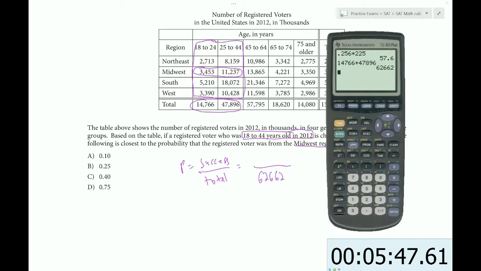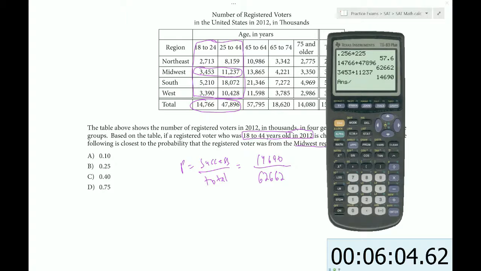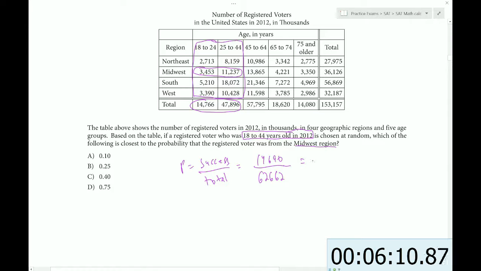Grab our calculator, and we'll do 3,453 plus 11,237. That equals 14,690. Then we just have to divide the results. So we divide that by 62,662. That gives 0.234, which is approximately choice B.